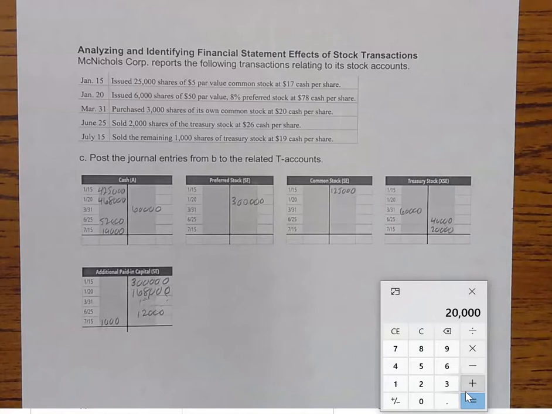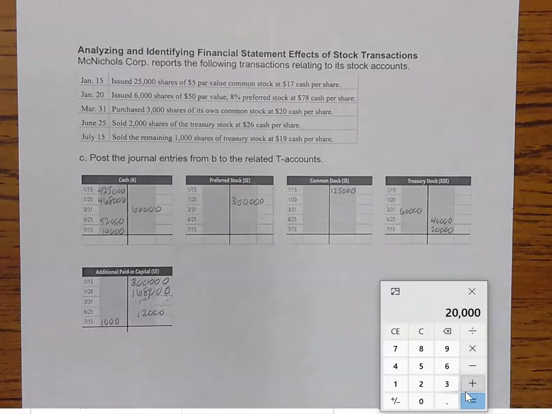And in most of the examples that you will see for this type of exercise, we try to keep it with a credit balance, you know, for Accounting 1 or beginning financial accounting courses. Okay, so that is how we would handle some basic stock transactions and how we would plot those into T accounts.